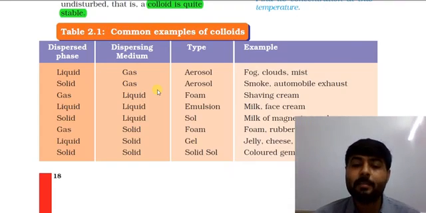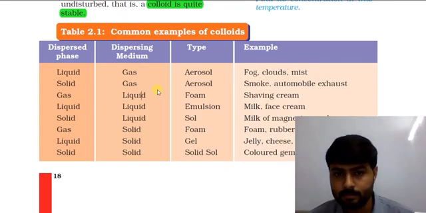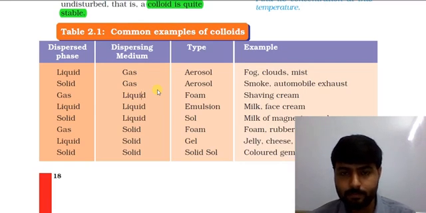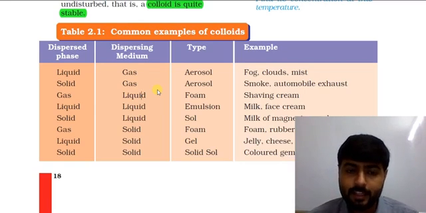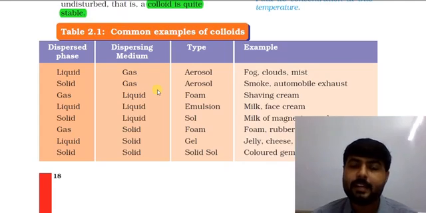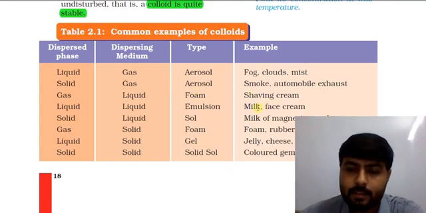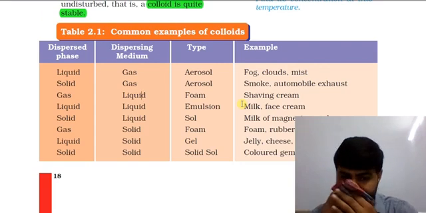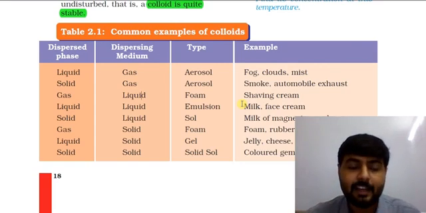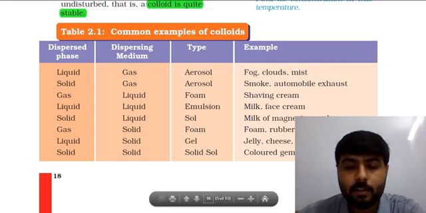Next we have emulsion. Emulsion is a liquid in liquid colloid, which means the dispersing medium and dispersed phase are both liquid. For example, milk and face cream are examples of emulsion.